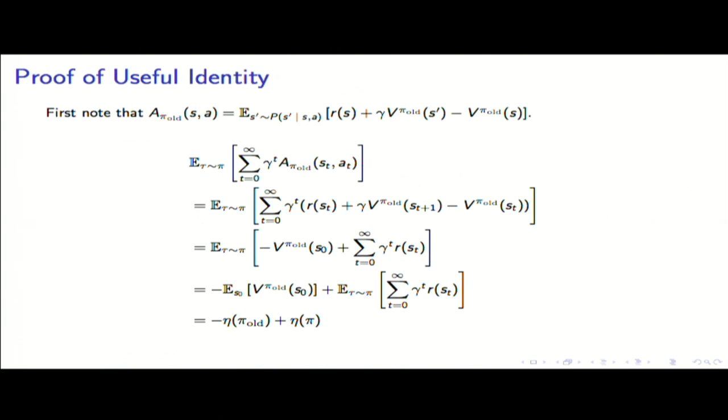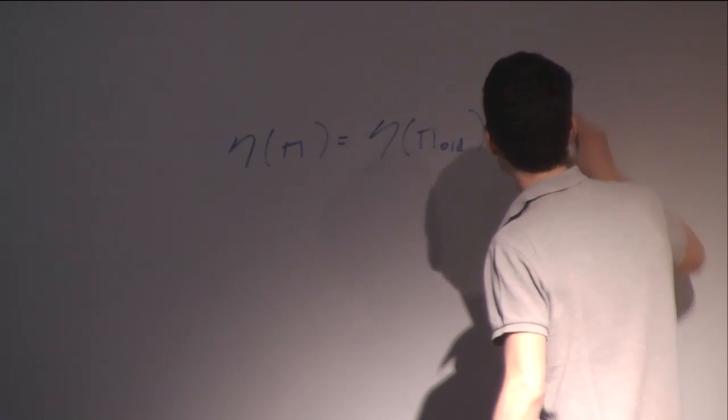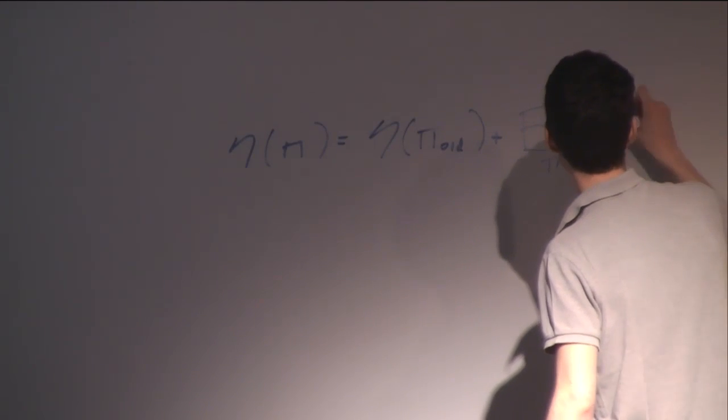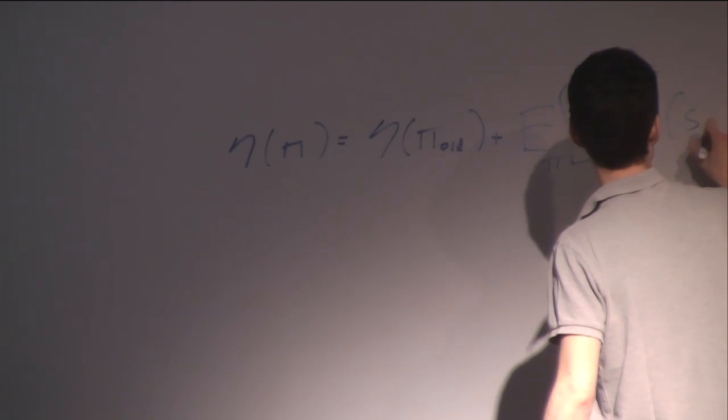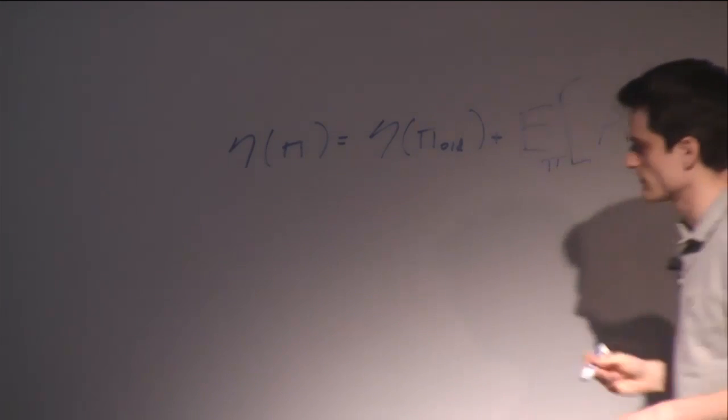Okay, so our identity is eta of pi equals eta of pi old plus the expectation under pi of the advantage function of pi old of the states and actions we reach.